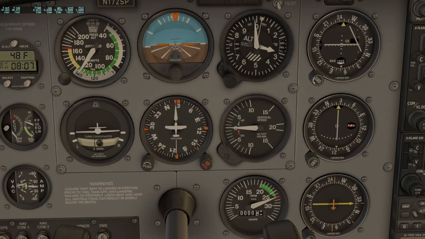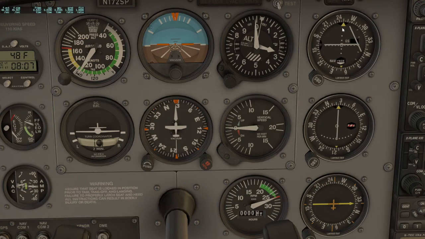Remember, it's 250 inbound. Once I get close to that one, you'll start to see the needle move to the center. 250 inbound means I need to turn in this direction towards the VOR, which is 070.